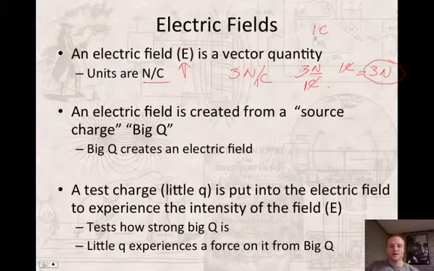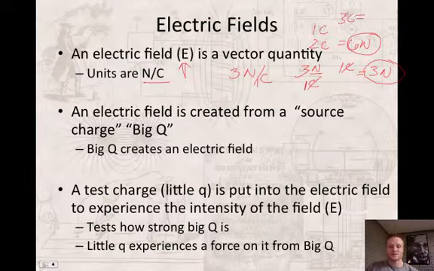Just for fun, what if I drop a 2 coulomb charge into this 3 newton per coulomb electric field? What would the force be? Well, if a 1 coulomb charge feels 3 newtons, a 2 coulomb one would feel 6 newtons. It would be double. What about a 3 coulomb charge?